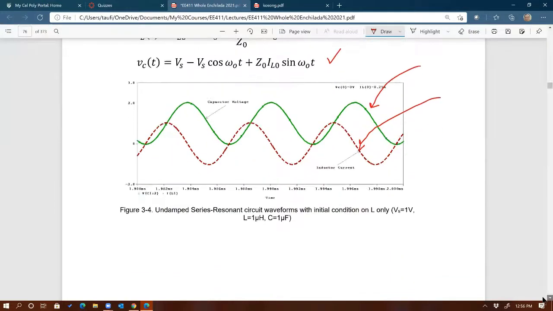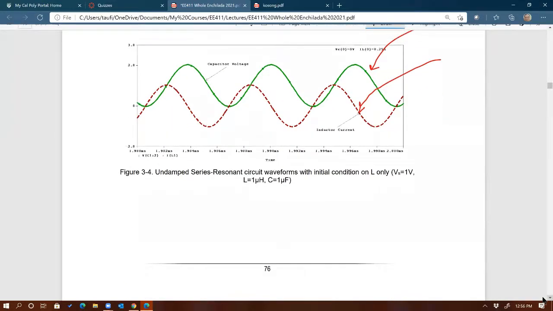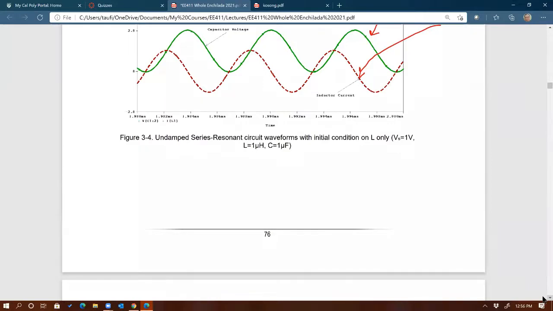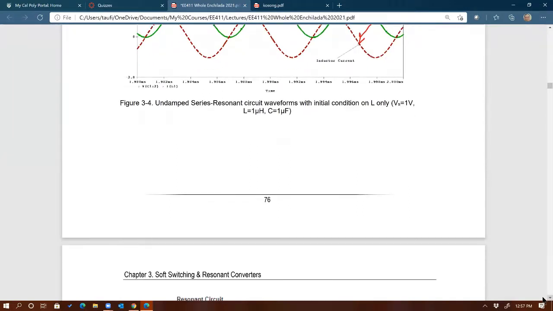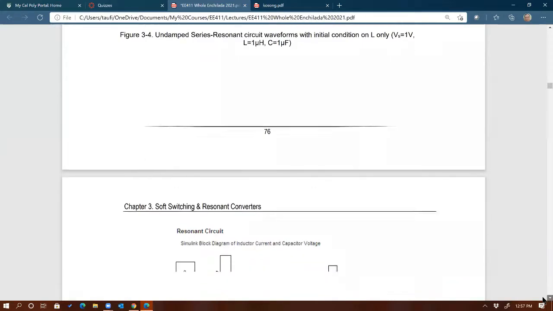So now I've already proven to you that for a series resonance circuit, LC in series with a DC supply, it does not matter what initial condition you have in any of the components or both, you always end up with a sine wave. That's what we're looking for.